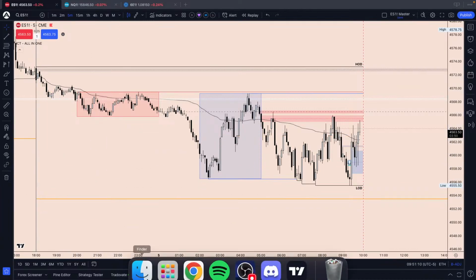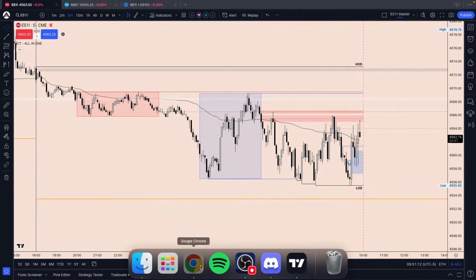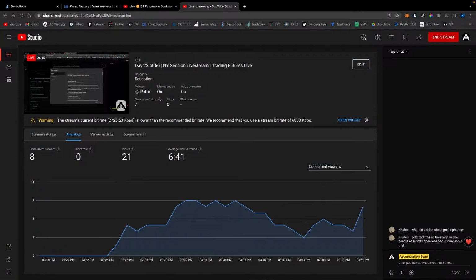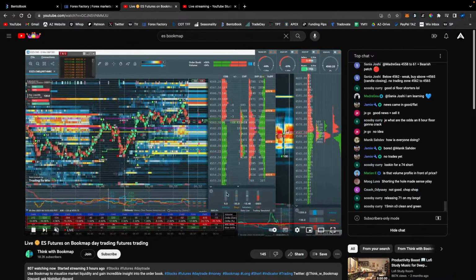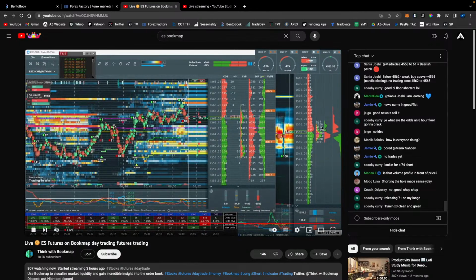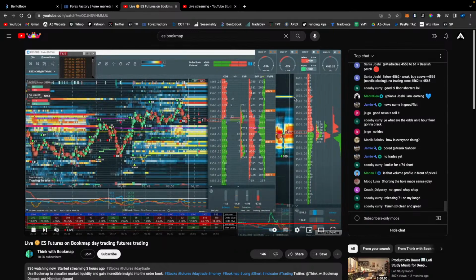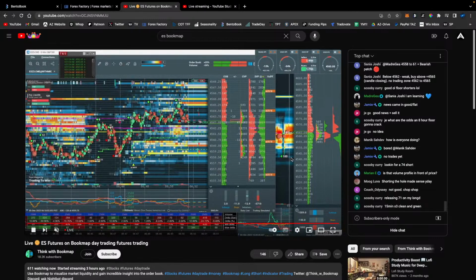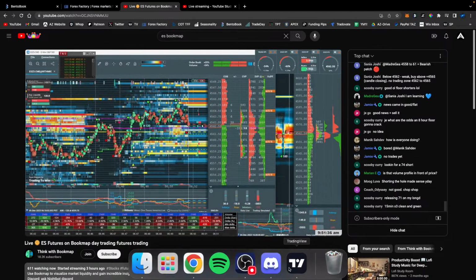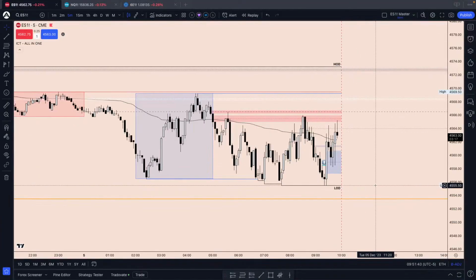Let's take a look at bookmap 10 minutes before news. Live ES futures. Some liquidity at 4595. Where's the previous day's low coming in at? 4553.